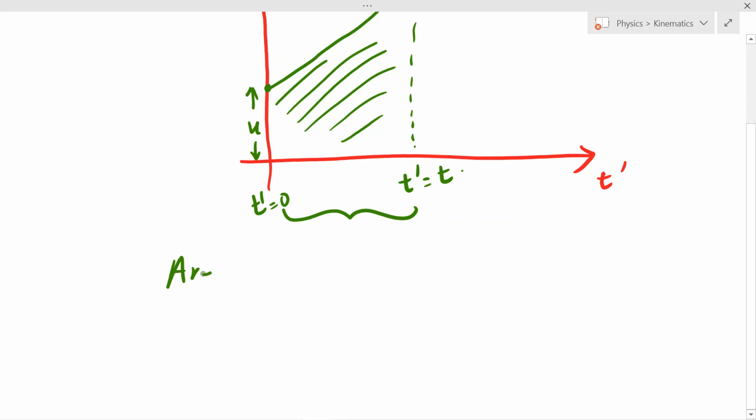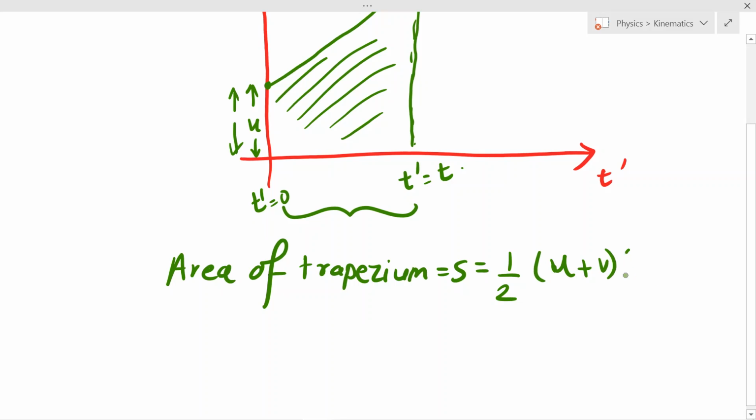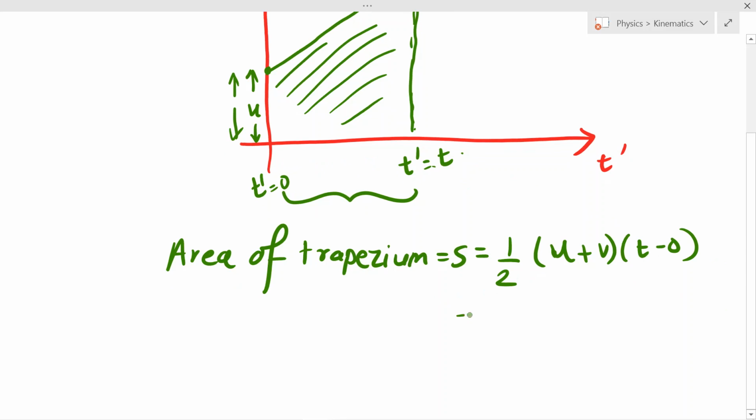Now what is the area of the trapezium? This equals half into the sum of the parallel sides, which is this one and this one, so u plus v, times t minus 0, where t minus 0 is the height. So this becomes half into u plus v times t.